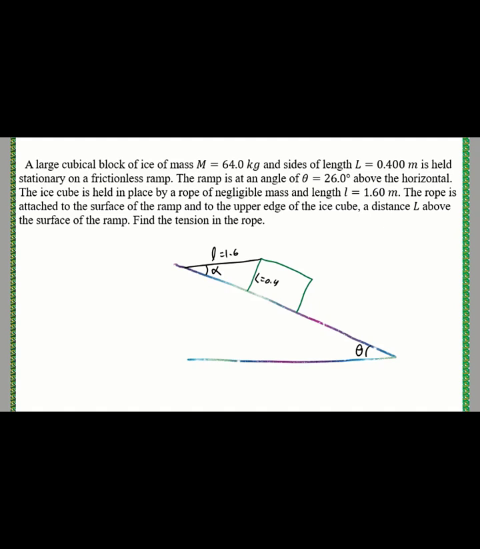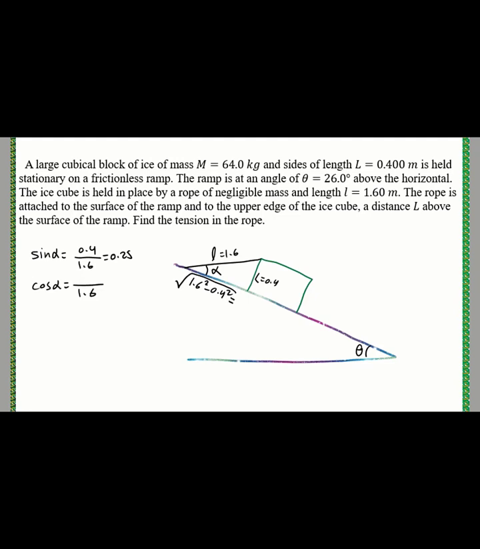Now, for angle alpha, sine alpha equals opposite, which is 0.4, over the hypotenuse, 1.6, which is 0.25. And cosine alpha equals adjacent over the hypotenuse. What is the adjacent? It is the square root of 1.6 squared minus 0.4 squared, applying the Pythagorean theorem.